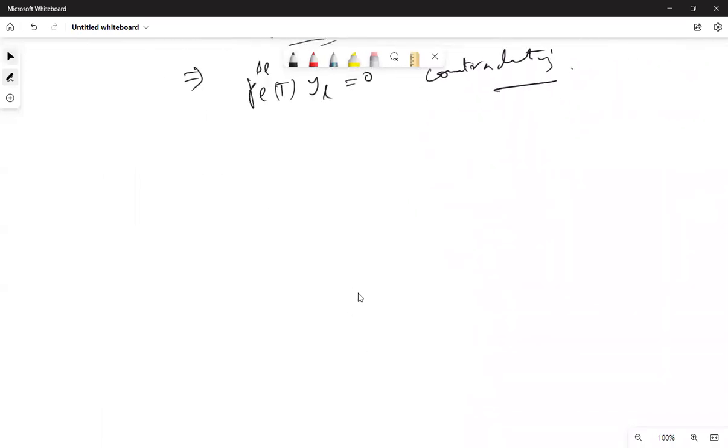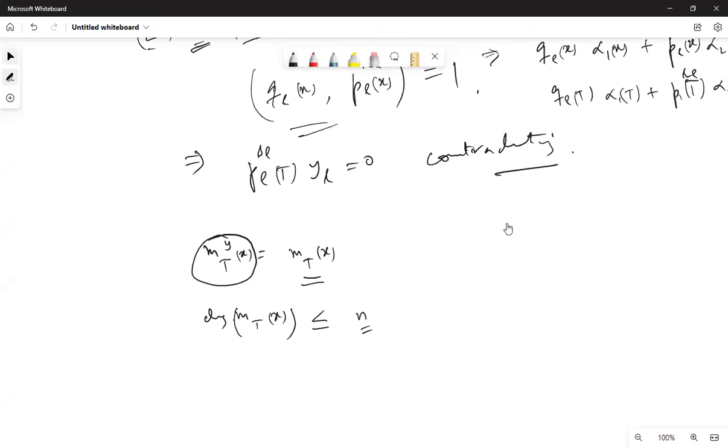So this proves that MTYX is exactly MTX, and that gives me the degree. Degree of MTX is now less than or equal to n, because the degree of each annihilator we have stated is less than or equal to n.